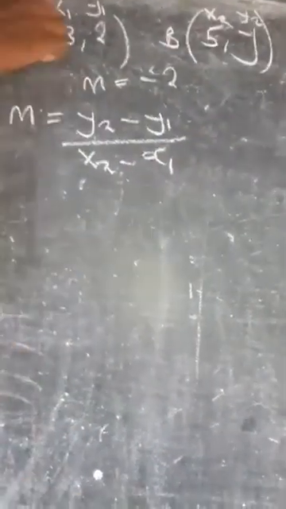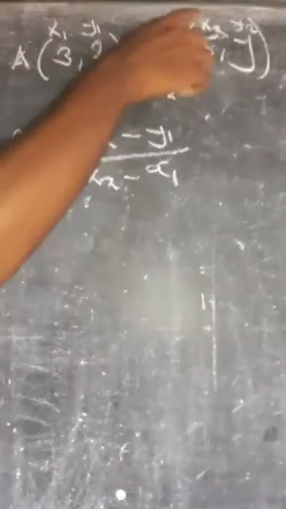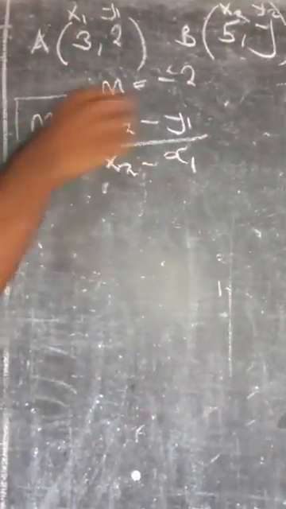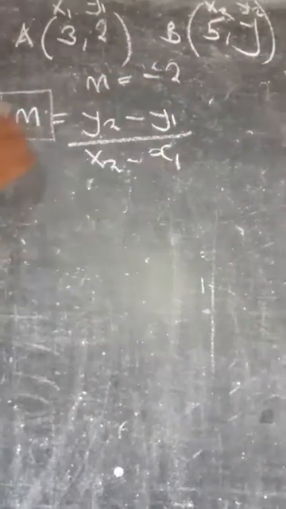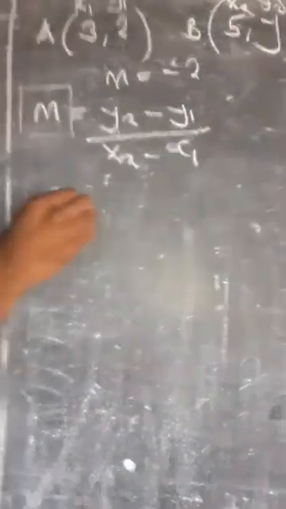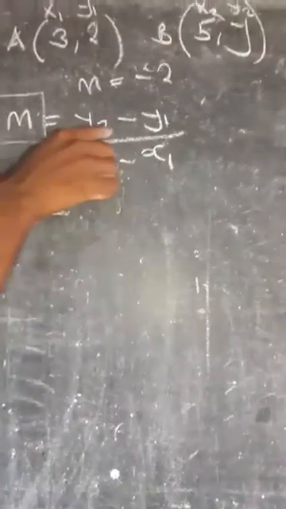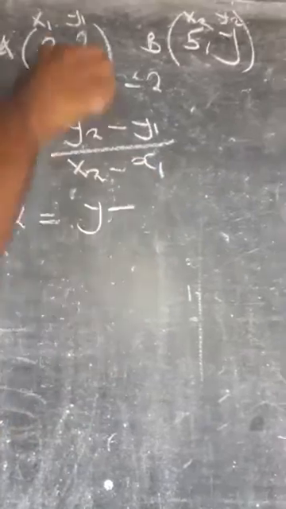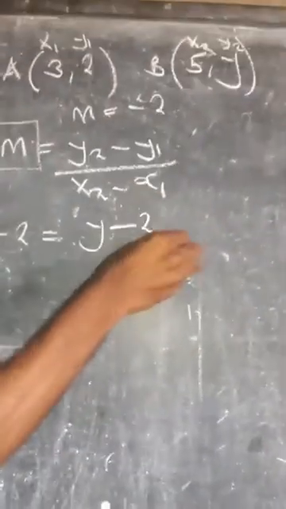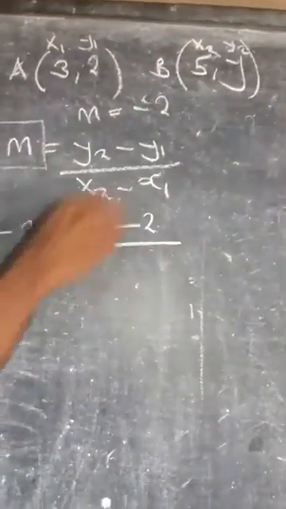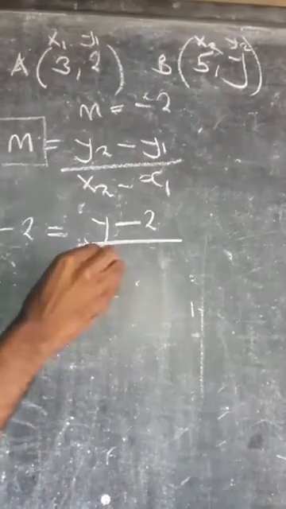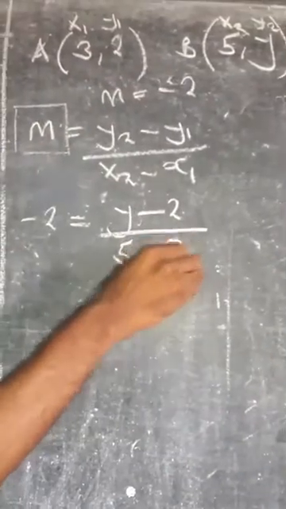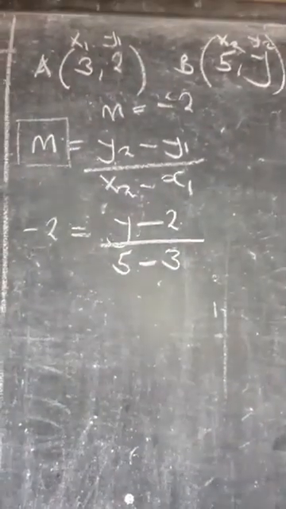So the gradient is -2, meaning -2 is equal to y minus 2, divided by 5 minus 3, which is x1.